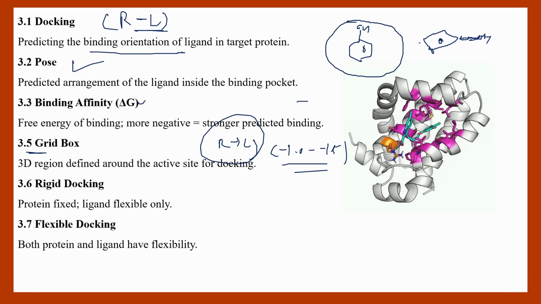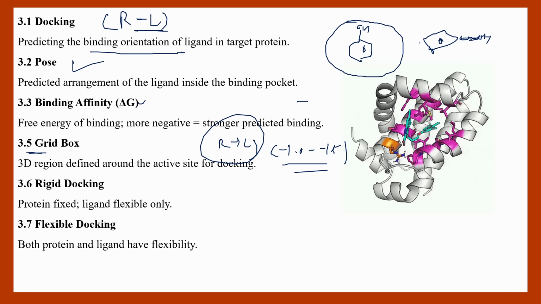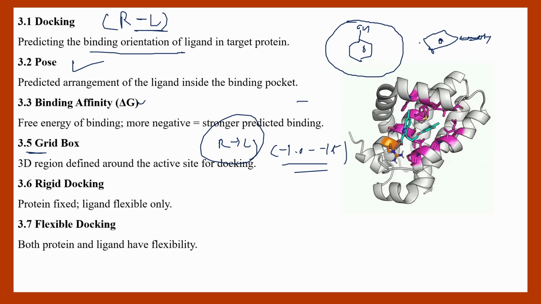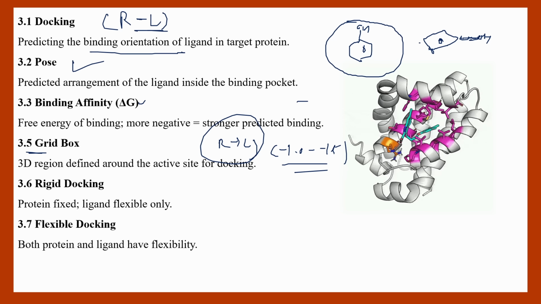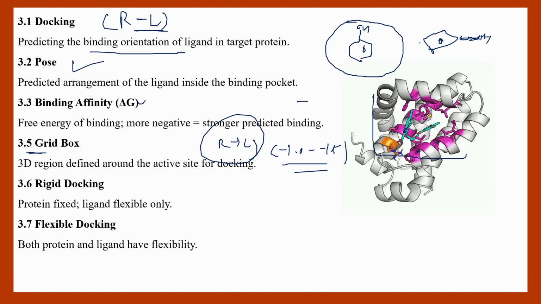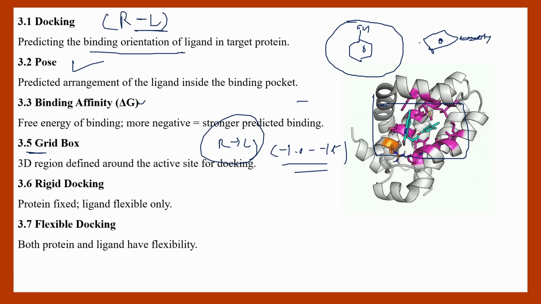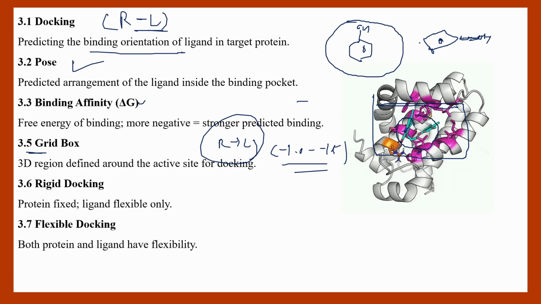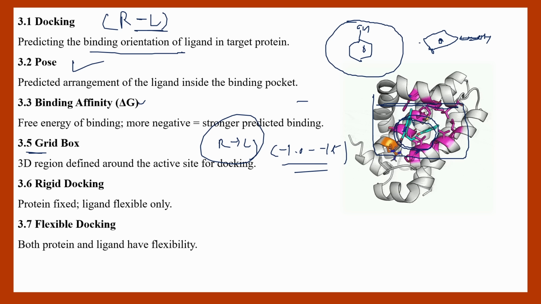Then the grid box. For the grid box, we have to select a particular region in the receptor. As I have shown you, you can see here that this is a GIF. Let's suppose I have prepared a grid box for this area only. So in this area only, we look at how the ligand molecule interacts with the receptor.